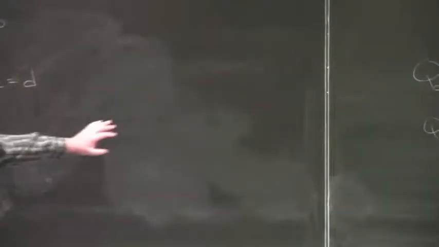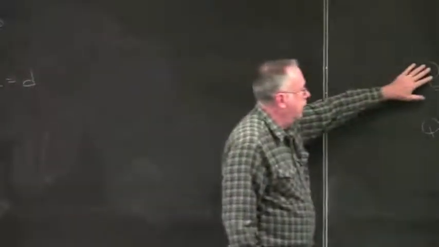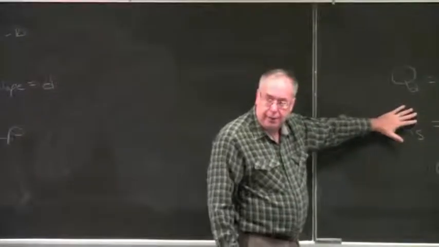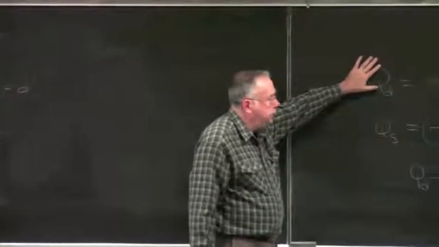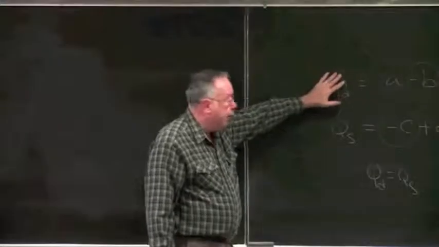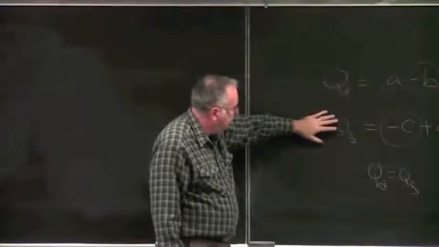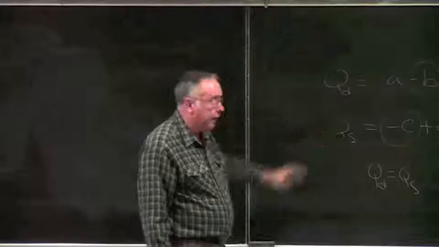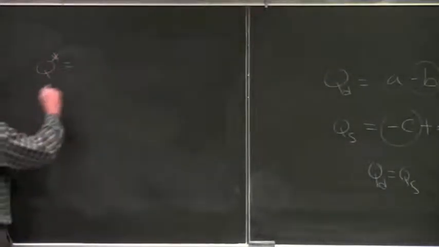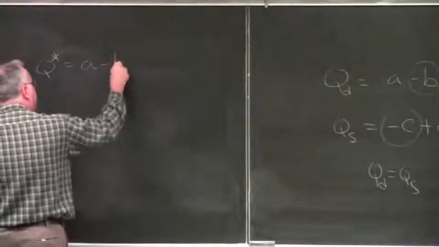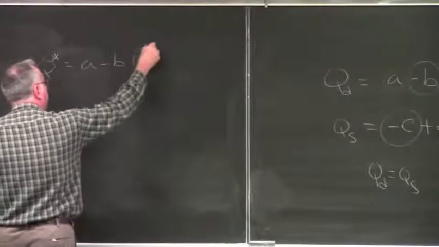We could substitute into the demand curve or the supply curve. Let me just arbitrarily choose the demand curve. But as an exercise, you could show that you'll get the same answer if you substitute it in the supply curve. If we substitute it in the demand curve, then Q star is A minus B times P star.